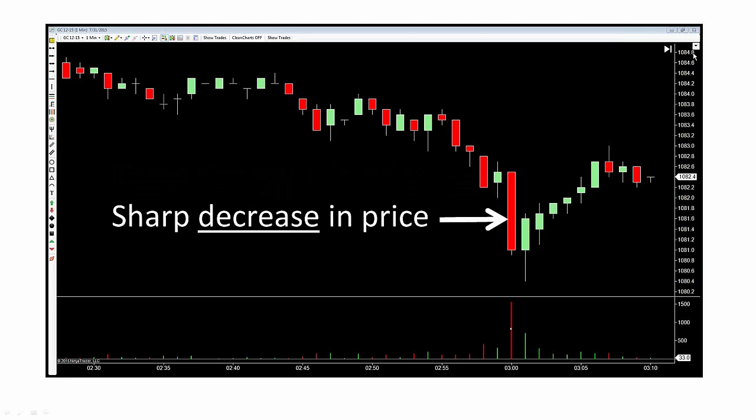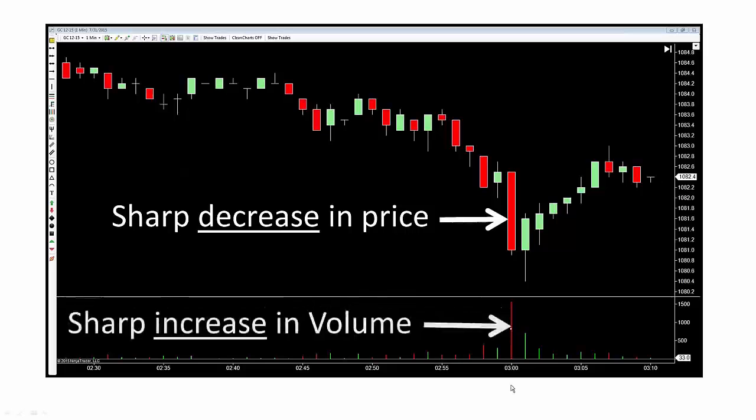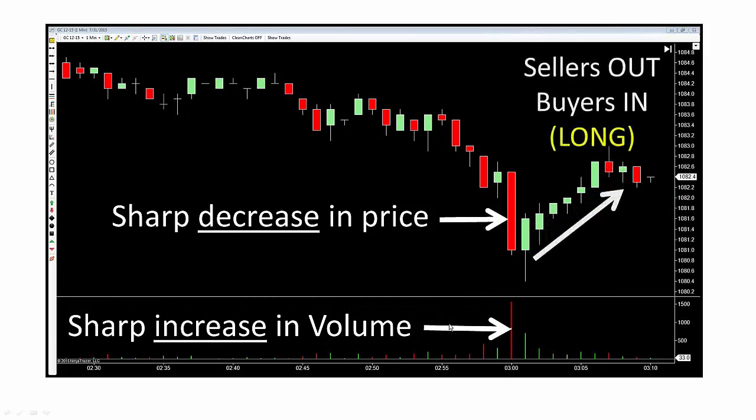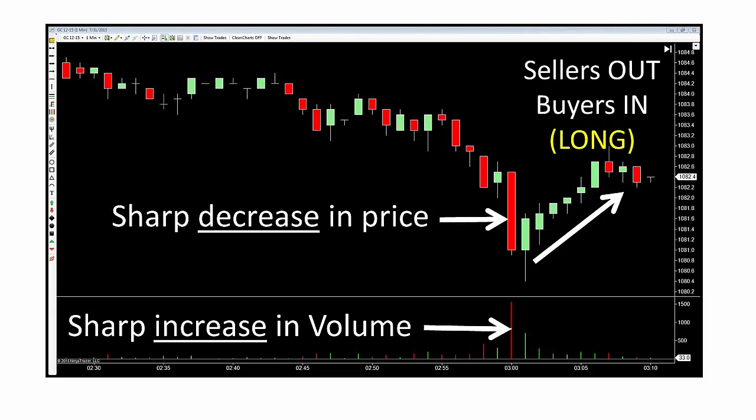Here's our sharp decrease in price. This is what I like to see with a sharp increase in volume. The sellers are out, buyers come in, and that's where I'm looking for a long.